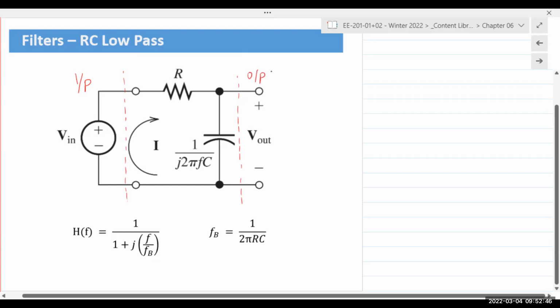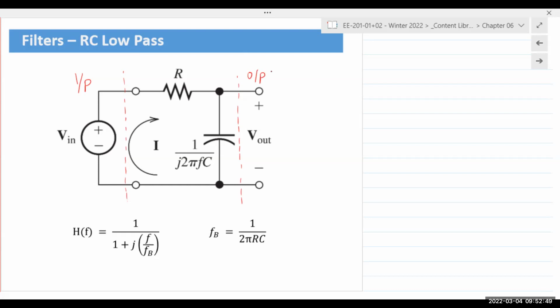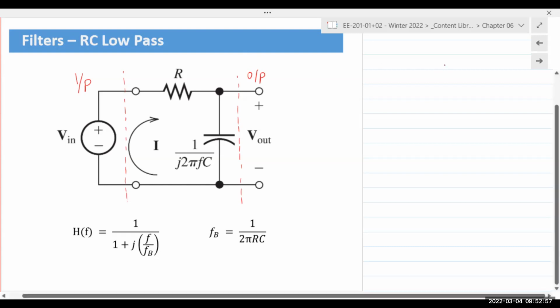But this shows you the circuit layout of an RC low pass filter. It basically is a resistor in series with a capacitor. That's all it is. And you're applying an input to that series combination, and you're taking the output across the capacitor.